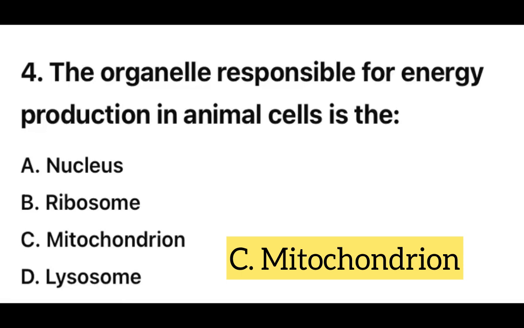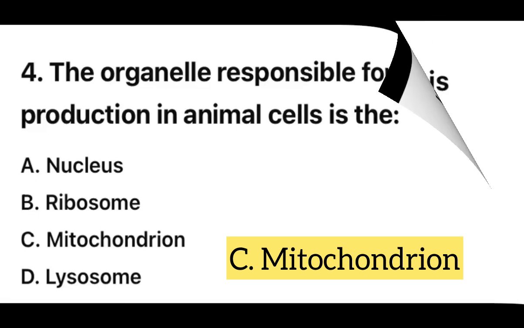The mitochondria are double-membraned and contain their own DNA. Cells that need a lot of energy like the muscles or the nerve cells contain many mitochondria. The nucleus controls the cell. The ribosomes make proteins and the lysosomes digest waste. None of them generates energy except the mitochondria.